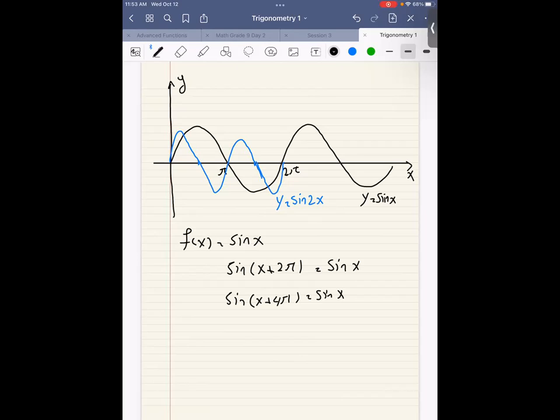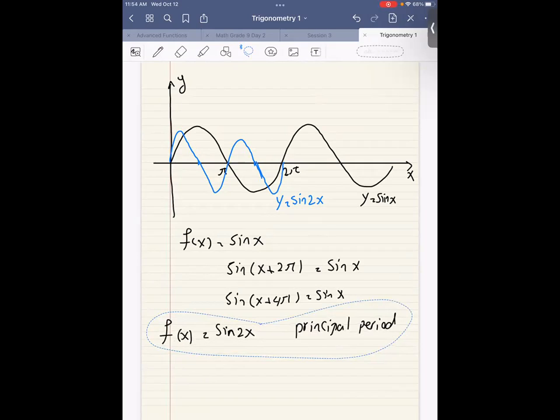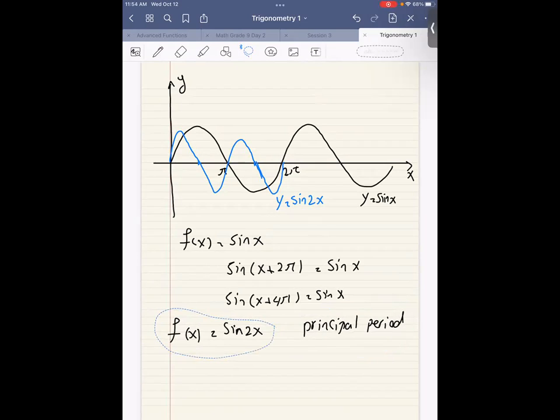What about sine of 2x? What is the principal period? What do you think? It's pi.